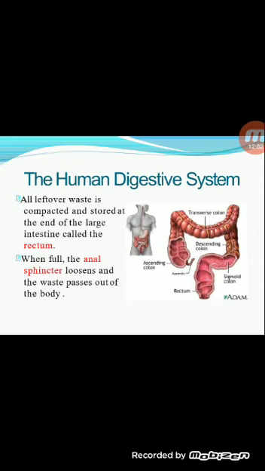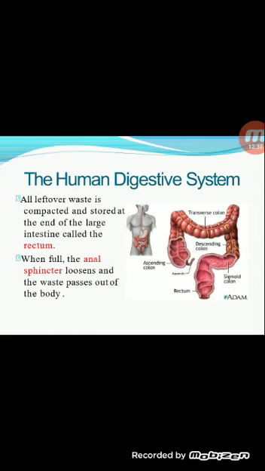The small intestine digests the food and the digested food turns into blood, and the undigested food is pushed to the large intestine. Here the undigested food travels to the rectum. So what is happening in the rectum? Once the rectum is full, it pushes the undigested food to the last part, the anus.